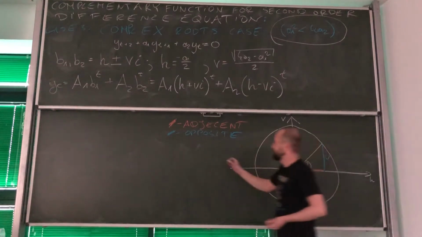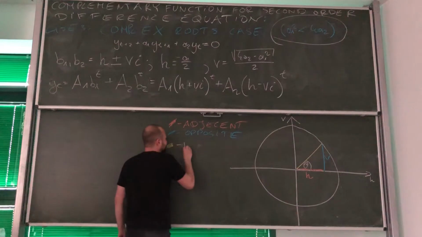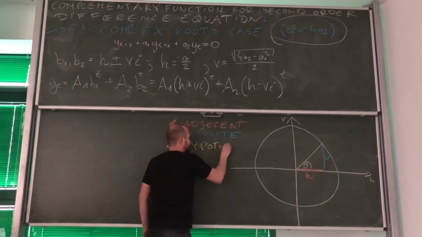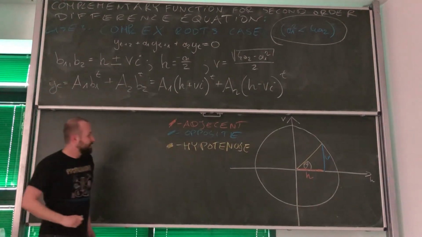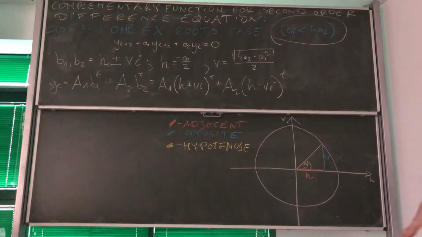The hypotenuse, okay, I think we already did it, but let me just remind you. And how do we calculate it? Look, we can do it with the Pythagoras theorem, right?